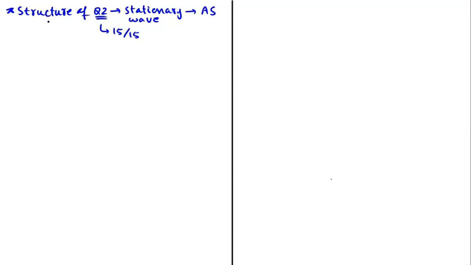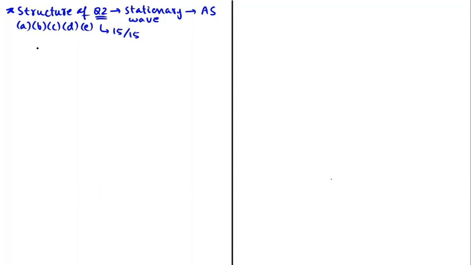So, graph question, it mostly consists of 5 parts: A, B, C, D, and E. And it always starts with the description of a physical phenomenon or a situation. So this graph question, it starts with the description of stationary wave formation in a resonance tube.